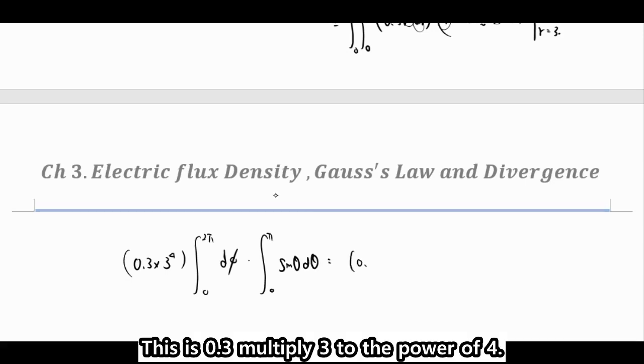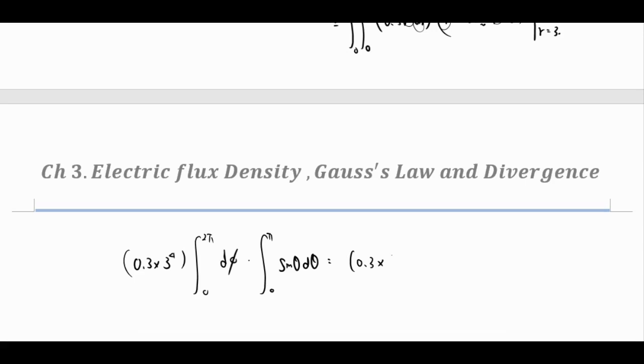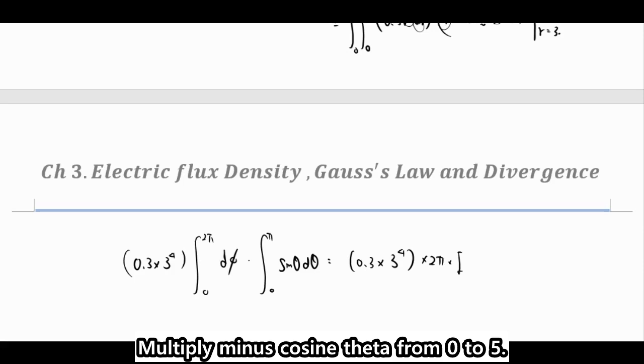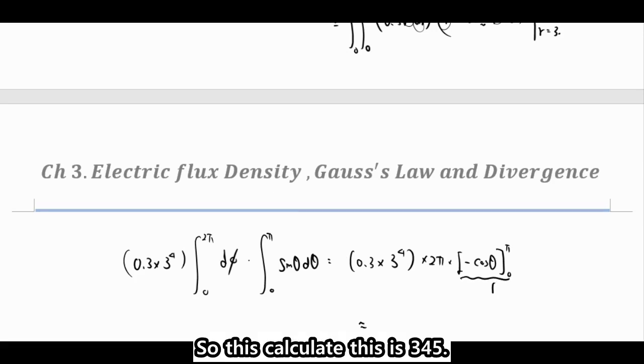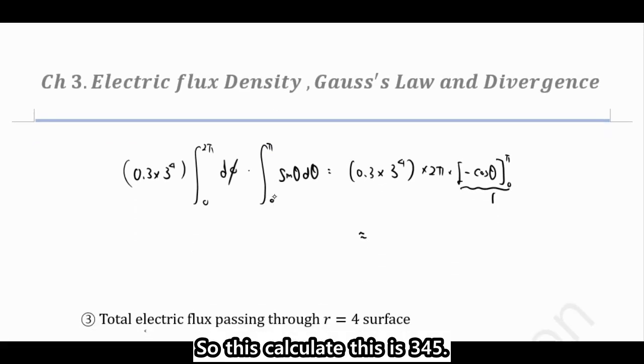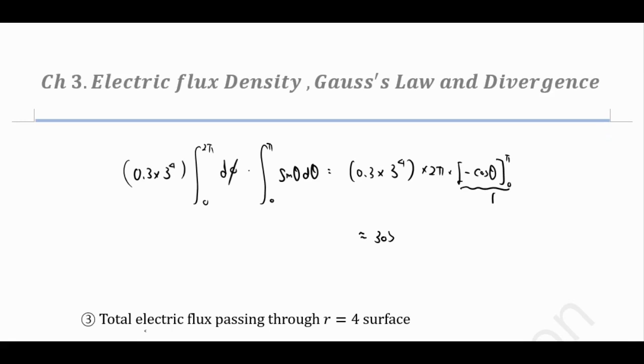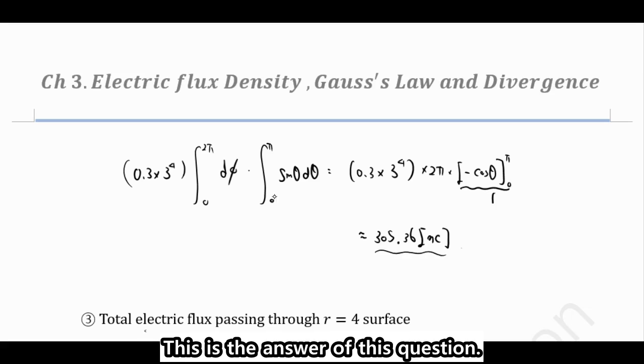This is 0.3 multiplied by 3 to the power of 4, multiplied by 2 pi, multiplied by minus cosine theta from 0 to pi, which is 2. Calculated, this is 305.336 nanocoulomb. This is the answer to this question.